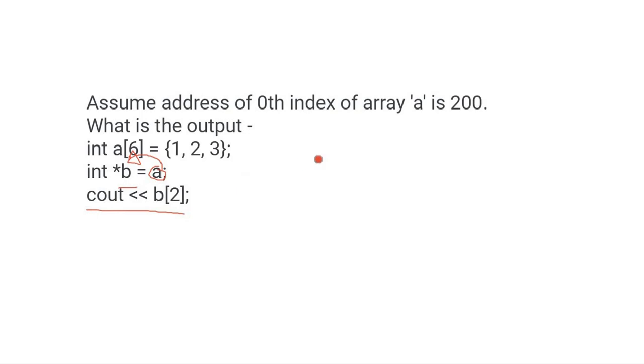Now b is a pointer which will be pointing to the 0th element. We have 1, 2, 3, and 3 more garbage values, because there are a total of 6 elements in the array. The pointer b will be pointing to the 0th index.